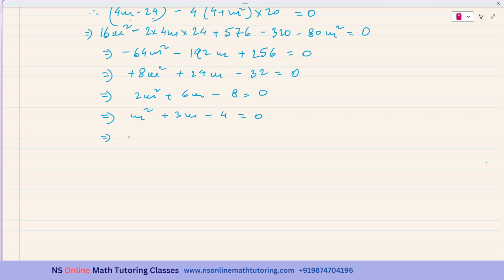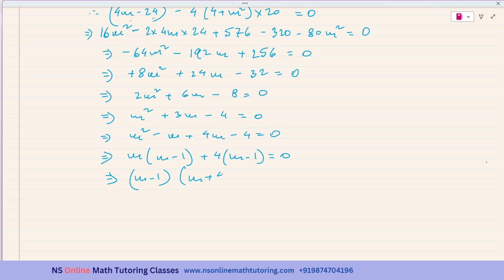So this is m square minus m plus 4m minus 4 is equal to 0. m into m minus 1 plus 4 into m minus 1, so m minus 1 and m plus 4 equal to 0. Therefore, m is equal to negative 4 or m is equal to 1. Okay.